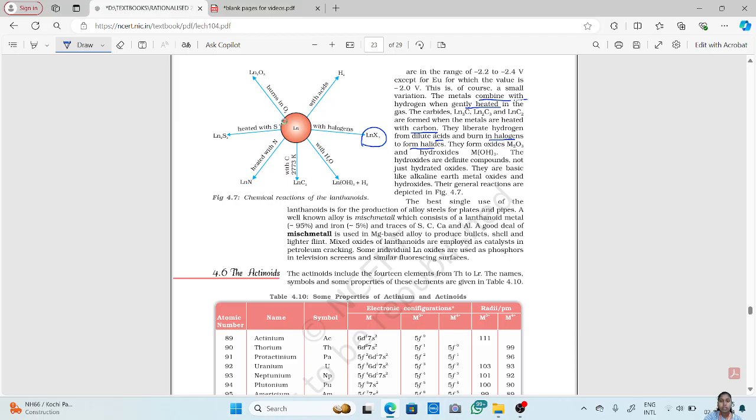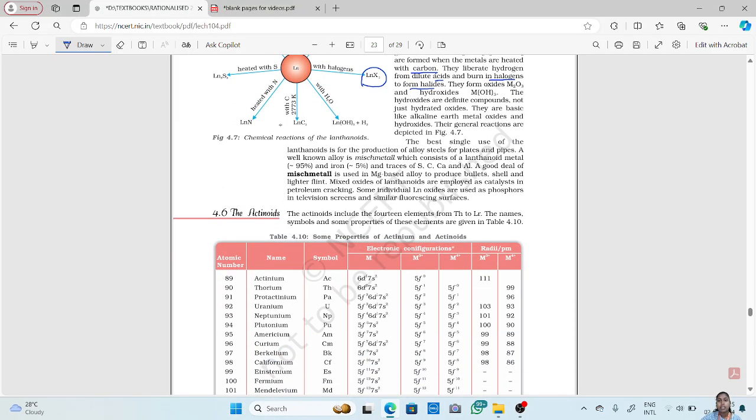Now the best single use of the lanthanoids is for the production of alloy steels, for plates and pipes.